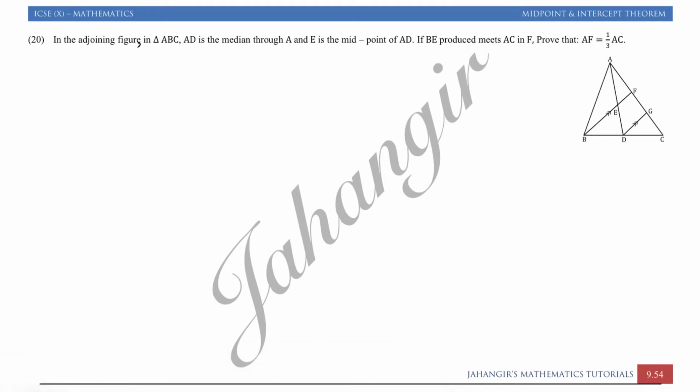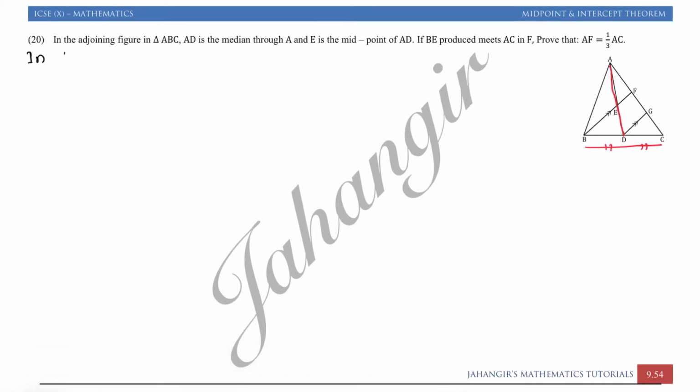In an adjoining figure, in triangle ABC, AD is a median through A and E is the midpoint of AD. So if you just see AD is a median, what does AD median tell? AD median tells that it will bisect the BC. So first we will write that step.